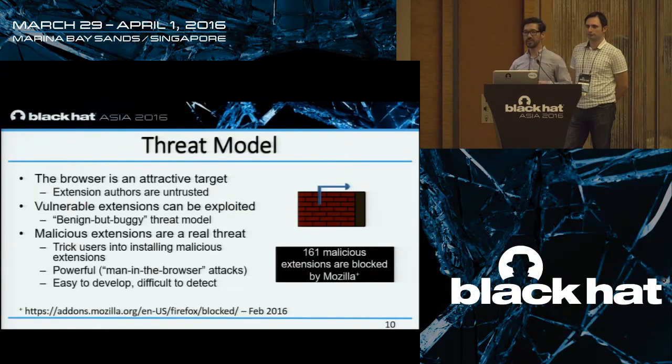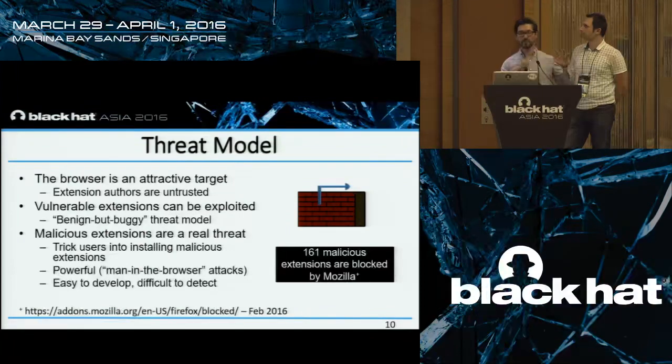So, extensions can be written by anybody, and all they have to do is convince you, hey, you should install this great extension. So, we trust the browser vendor, but we really shouldn't have that much trust in the authors of these extensions. Well, how can these extensions go wrong? Well, I mentioned before, there are two separate threat models, right?